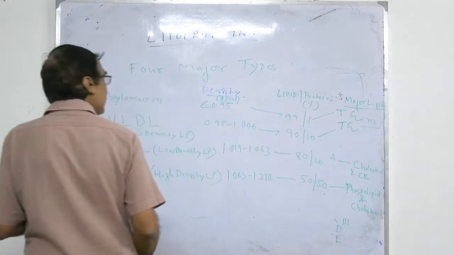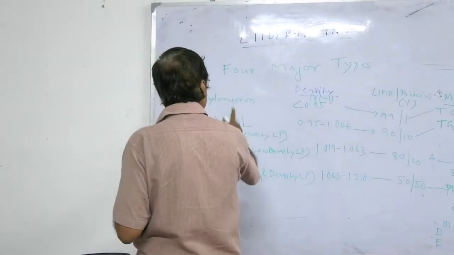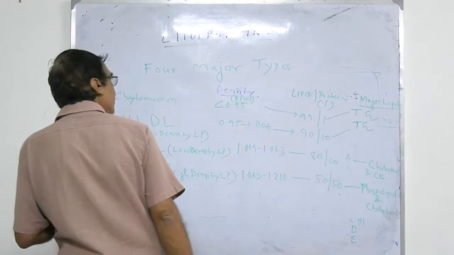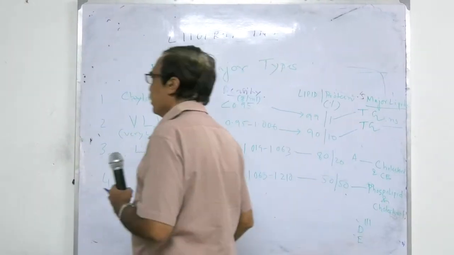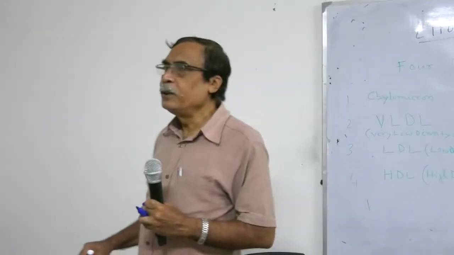Okay? This is the lipoprotein, this is the density, this is the lipid-protein ratio, and this is the major lipid. Then, which apoproteins are present in which lipoproteins?